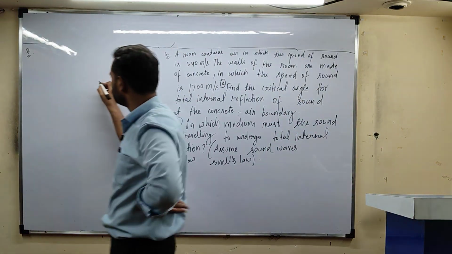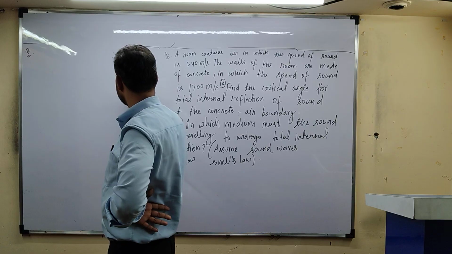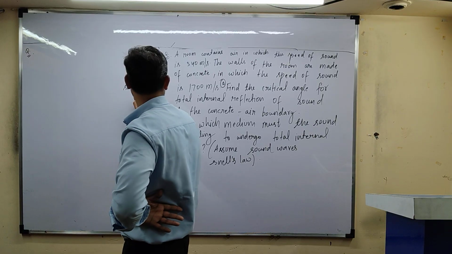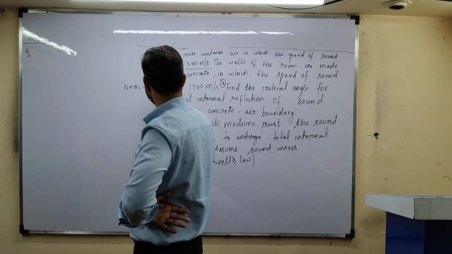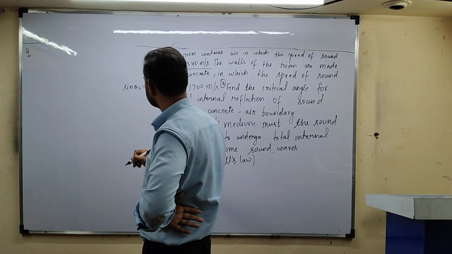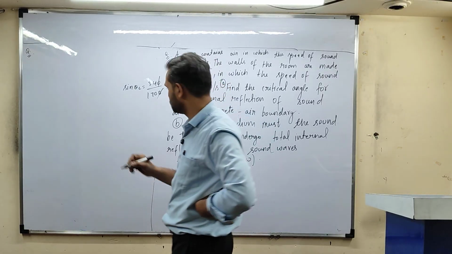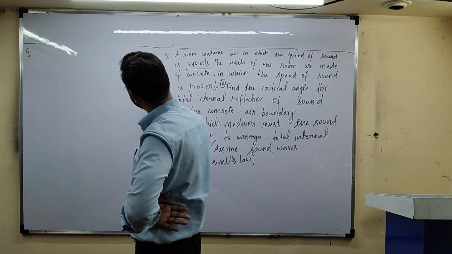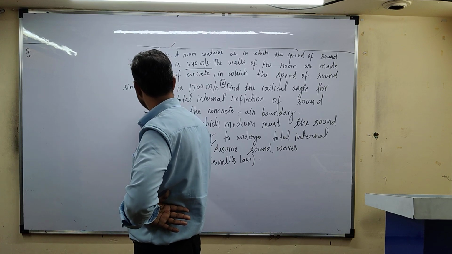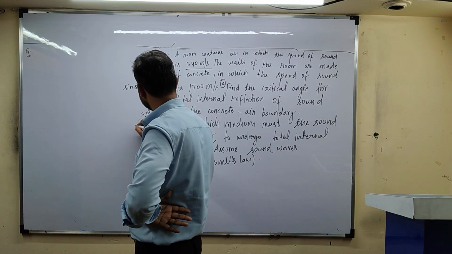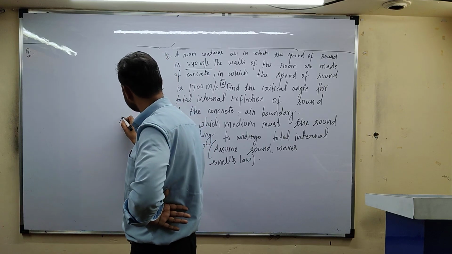Sine theta c, it's very simple, just a one line question. Sine theta c equals 340 upon 1700. Just solve this. You will get 2 by 10, that means 1 by 5.